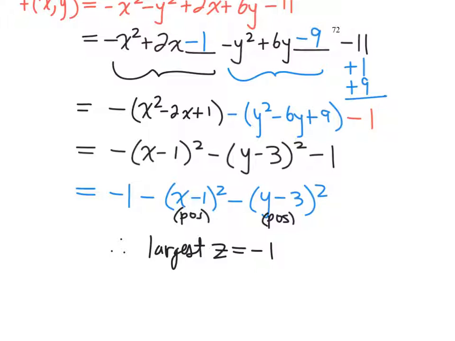No matter what I plug in for x or y, I'm always going to get something smaller than or equal to that -1, because these two could zero out. The only time they ever zero out is if x is 1 and y is 3, which is what we came up with as critical values before. So those critical values are justified as being the location of a relative extremum, specifically 1, 3, -1.